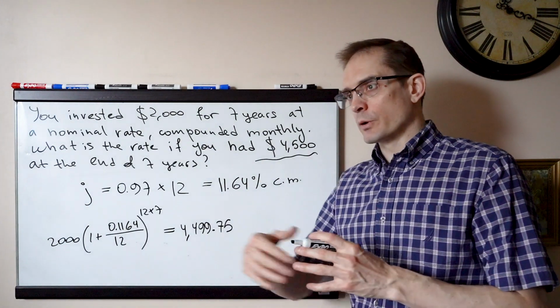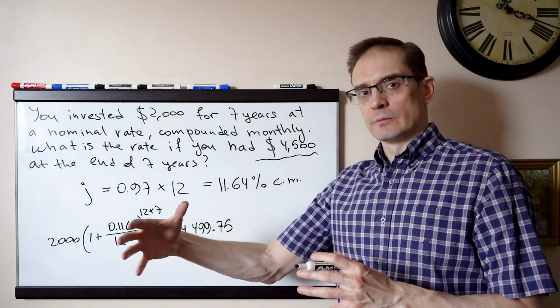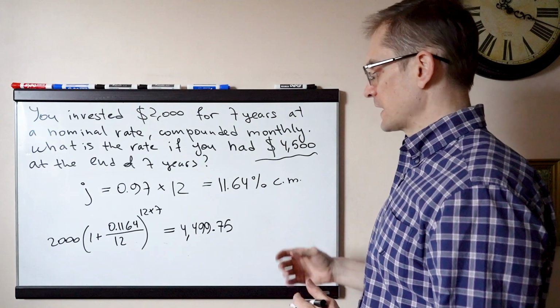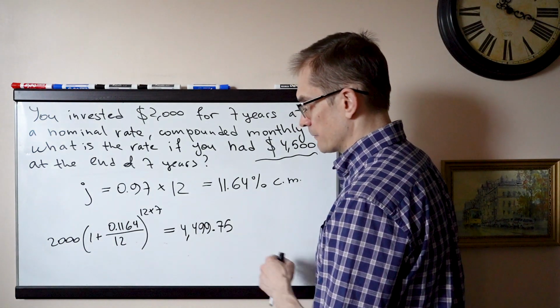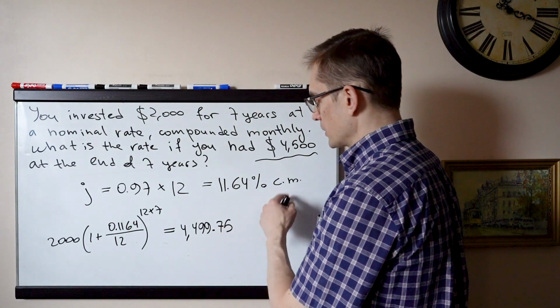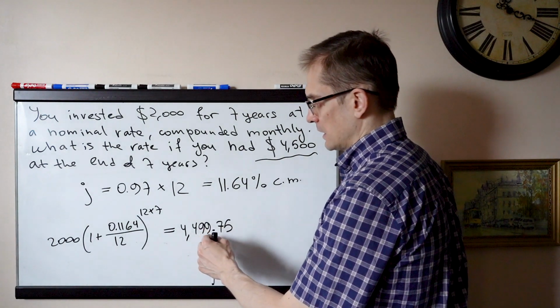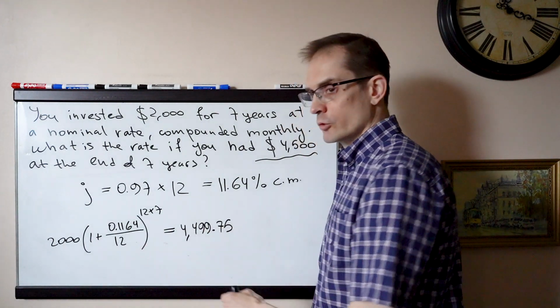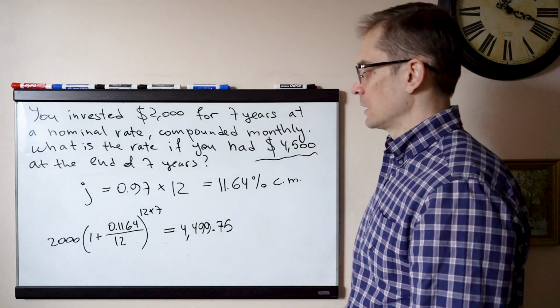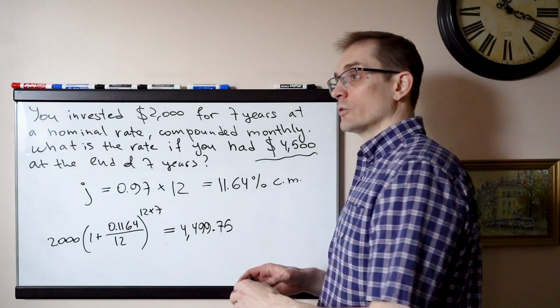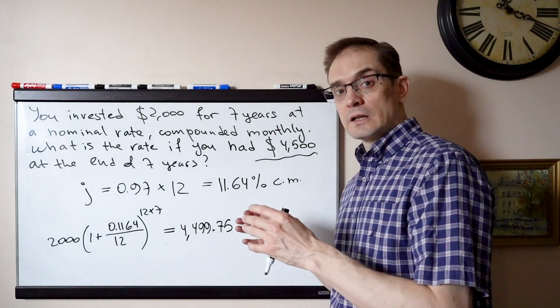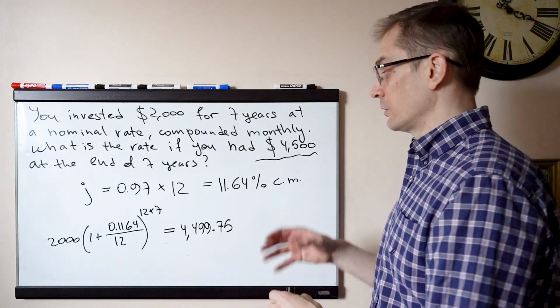It was not a perfect all-decimal rate, so we rounded, and that's why we lost basically 25 cents here. But that's important information: first of all, you see that the solution was correct, and then you also learn what kind of effect your rounding had on the future value.